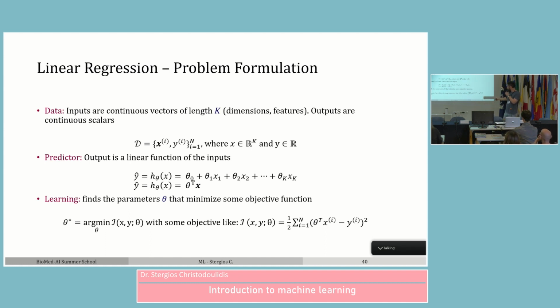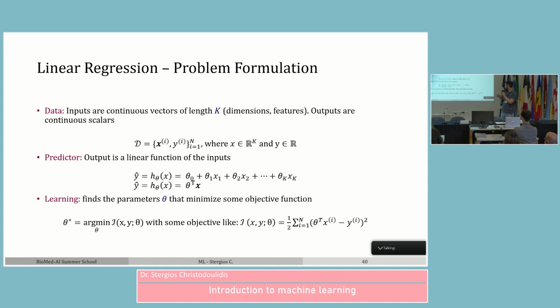In this specific case, you have the real target that you are interested in, which is this y, minus the output of your model, which is this one. Okay? So if you calculate this difference, you see how far or how close the prediction is from the true value you want to predict.